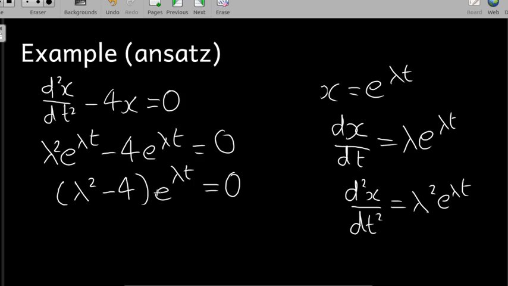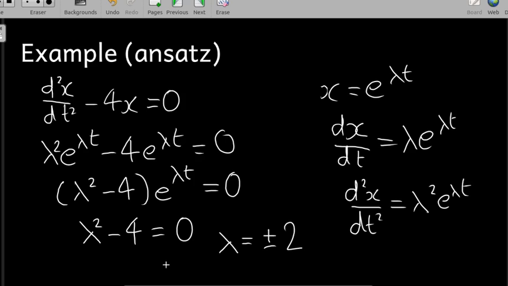So now at least one of these two things has to be 0. E to the lambda t is never 0, so that tells us we can divide by e to the lambda t here, and we get lambda squared minus 4 equals 0, which then leads to our two possible values for lambda. So lambda equals plus or minus 2.